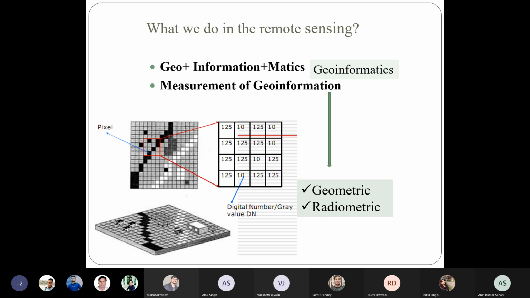The energy coming from each grid is sensed by the camera, and further those energy magnitudes are recorded.